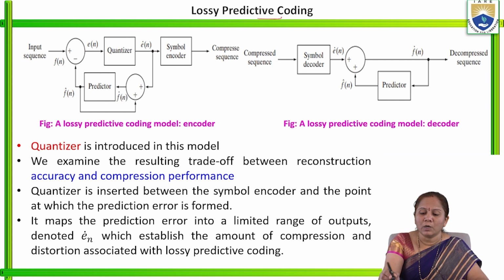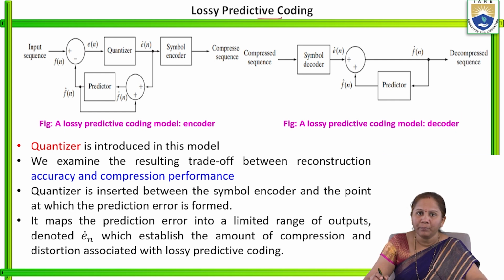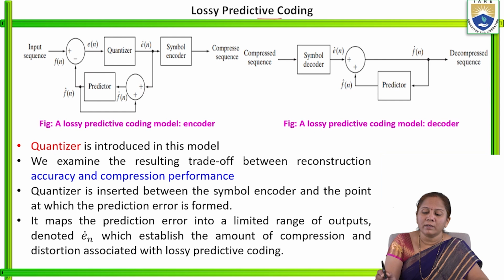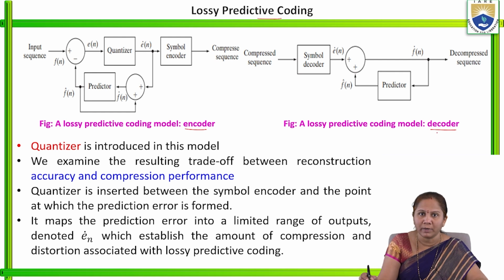Now, to this lossy predictive coding. Here we have two parts. This block diagram indicates the lossy predictive coding model, encoder part, and the second figure indicates the lossy predictive coding model, decoder part.